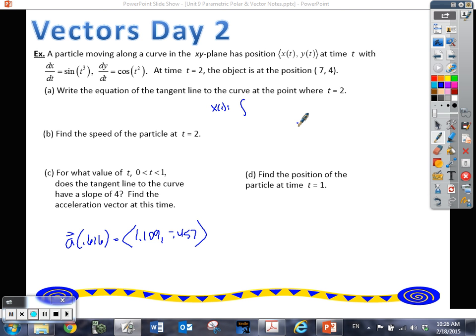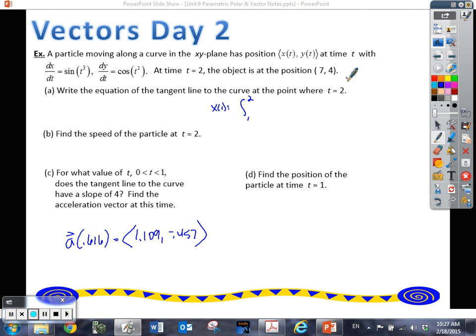And if you recall from the technique that we learned, we would integrate from what we knew to what we wanted, or what we wanted to what we knew. What we know is the position at time 2. What we want to know is the position at 1. So I'm going to integrate from 1 to 2, because 1 is the one that I want, and 2 I know.